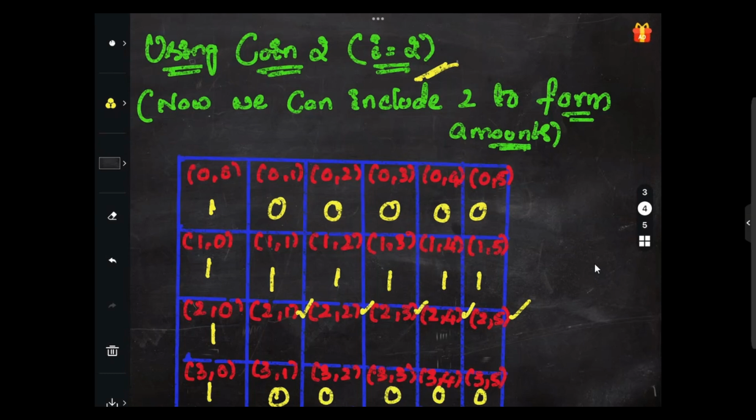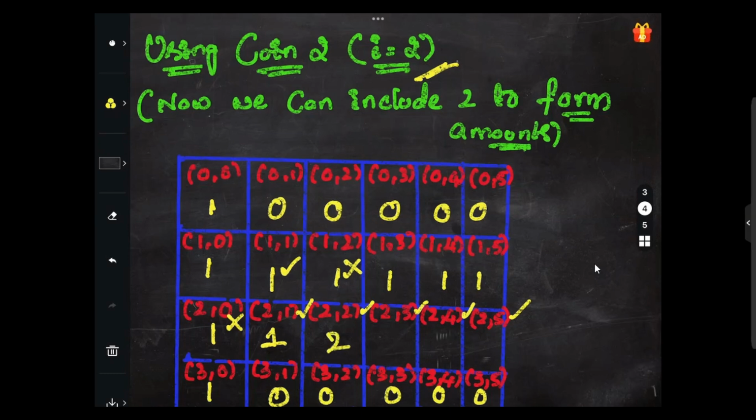So here what we will do, again the same formula, dp of 2 comma 1 is nothing but dp of 1 comma 1, nothing but 1 in this case. We will update 1 here. This is fine. The next step here is dp of 2 comma 2. dp of 2 comma 2 here is dp of 1 comma 2, this one, plus dp of 2 comma 0, this one. 1 plus 1 here will be 2 in this case, right?